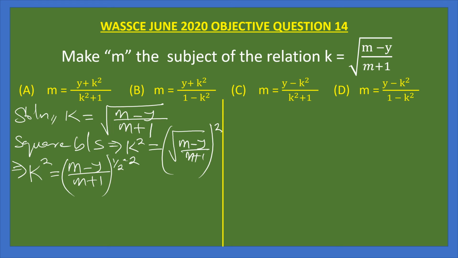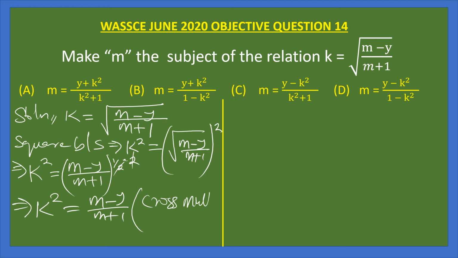Okay, so this will cancel out, now giving us K squared as equal to what? M minus Y over M plus 1. From here, what do we do? We cross multiply both sides. Also remember that K squared is the same thing as K squared over 1.